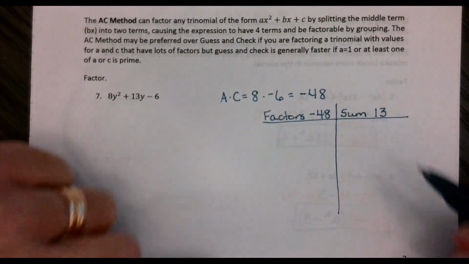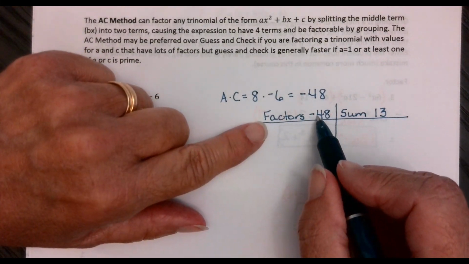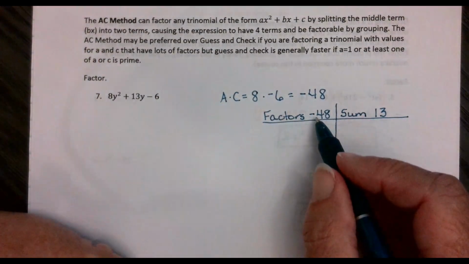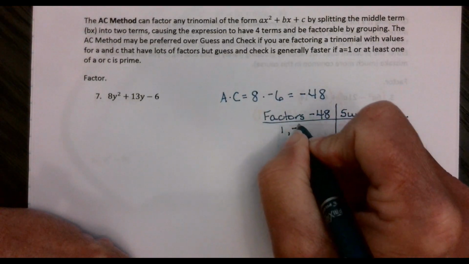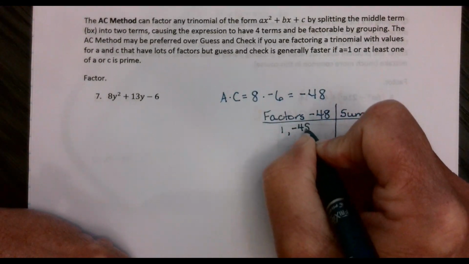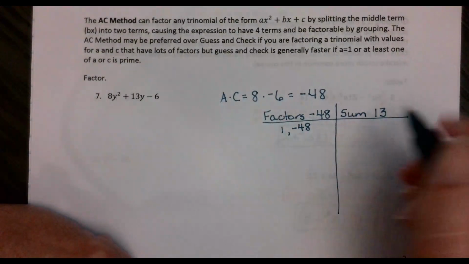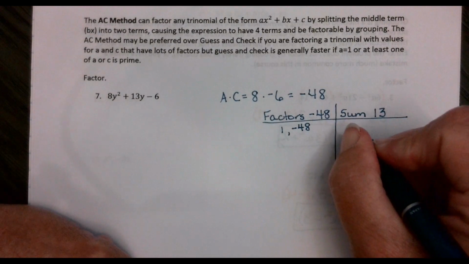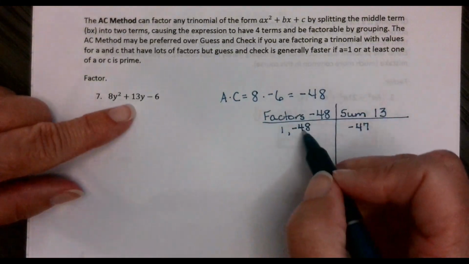What I'm talking about is, first of all, I'm not going to really worry which one's negative and which one's positive. I just know one has to be negative, one has to be positive. So I'm going to say 1 and negative 48. It could be negative 1 and 48. I don't care. It doesn't really matter. This, though, adds together to give negative 47.